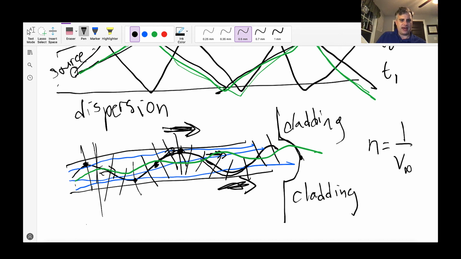So fast, slow, fast, slow, fast, slow, and things wind up, and the extra path length can be made up for the fact that it's not traveling like the green line, which is mostly slow. So if you make this profile right, usually something parabolic or hemicircular, you will create something called a dispersion compensated fiber.